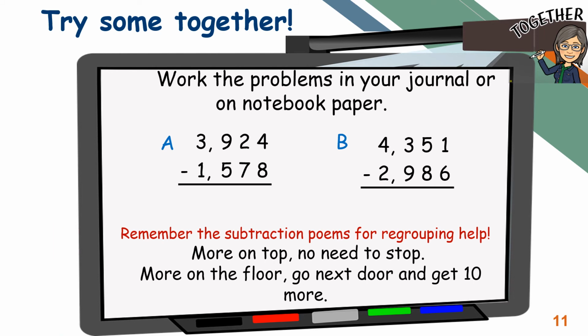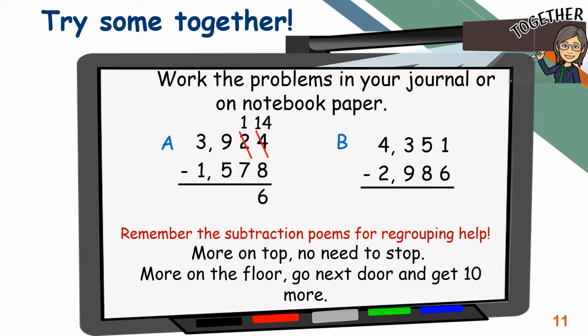Let's discuss problem A. We cannot subtract 8 ones from 4 ones, so we need to take a 10 from the 2 tens and trade it for 10 ones. That leaves 1 ten in the tens place. When we add the 10 ones to the 4 ones in the ones place, we get 14 ones as shown.